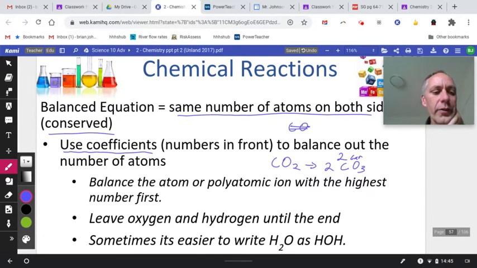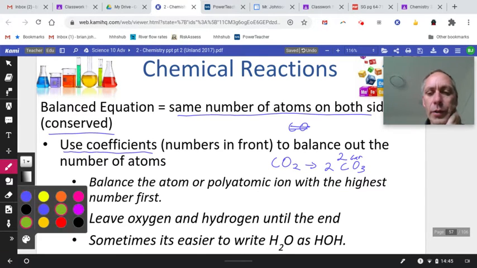Am I allowed to add a 2 like that with a subscript so that I can balance 2 carbons with 2 carbons? No, you cannot. You can only add a coefficient to balance the carbons. By doing that, it means that there's now 2 carbons, but this 2 multiplied by the 2 there means 4 oxygens. So we're not balanced.